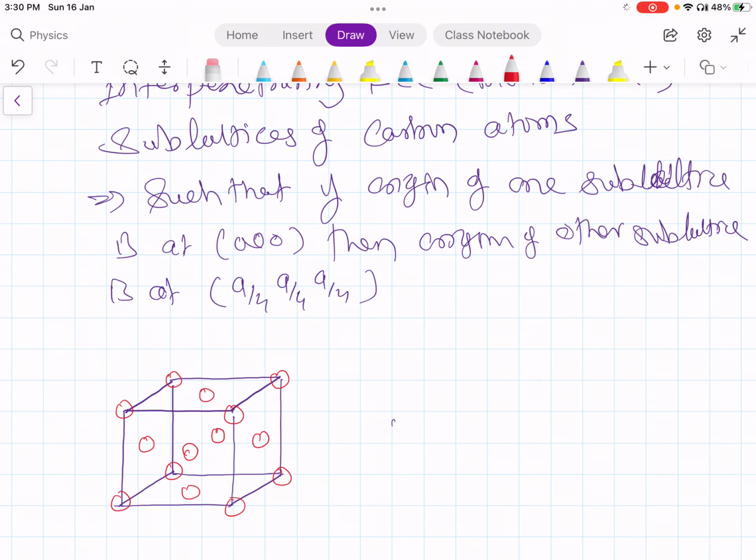Similarly, let me show you the unit cell in the other sublattice.